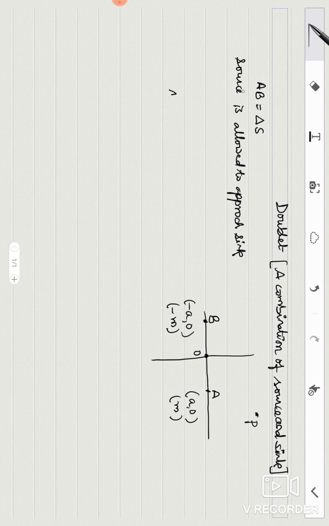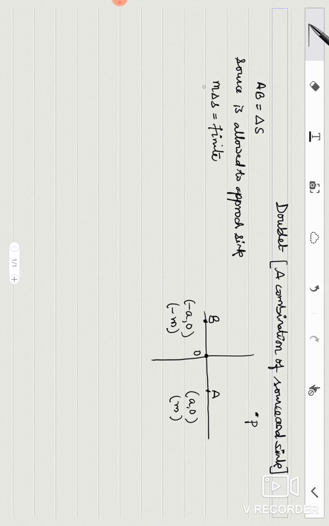Now here AB is taken as delta S. The combination, rather M delta S, not twice A delta S. Twice A itself, delta S itself, is twice A. Delta S times M, this combination is always finite.